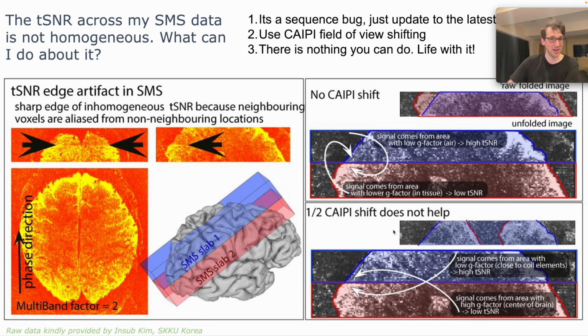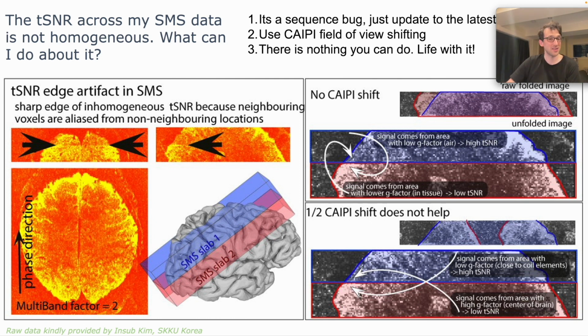Now let's assume we do have CAIPI. Then still the bottom of the top slab would be aliased from down there at the bottom of the lower slab. And this is in the center of the brain. We don't have any spatial encoding from the coil elements. All coil elements have the same sensitivity there. So it's very hard to unalias that. We have high G-factor penalty. Whereas the top of the bottom slab is aliased from up there, where we are close to the different coils. We have a lot of spatial encoding of the different elements.